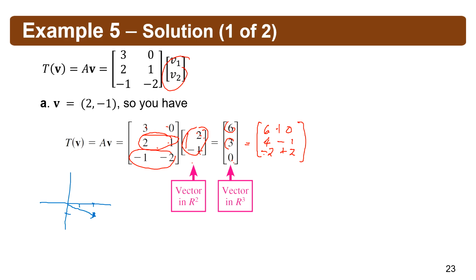And with this, after using this rule, wherein that is a matrix, now we change to (6, 3, 0), which is in three-dimensional. You can draw or plot the point: 1, 2, 3, 4, 5, 6, and then we move to the right 3 units, 1, 2, 3, and then 0. We do not go up. So this is now in three-dimensional.